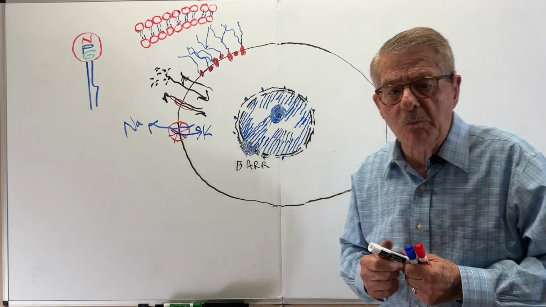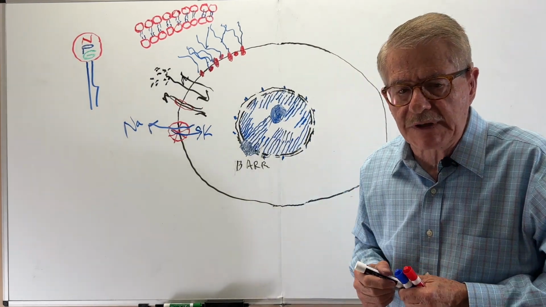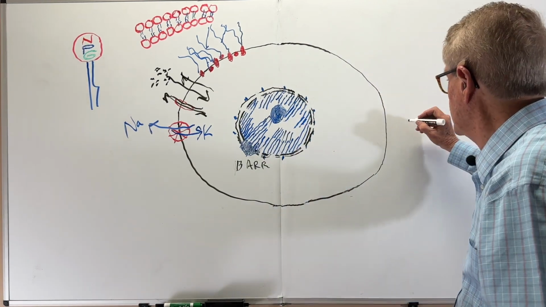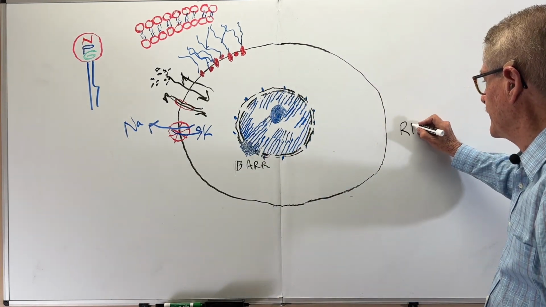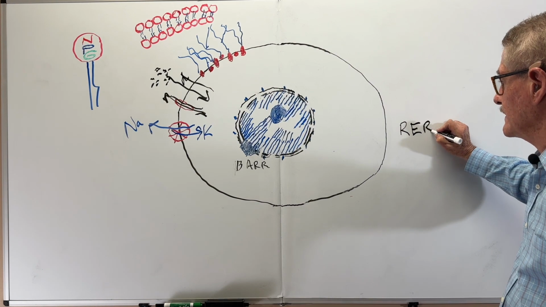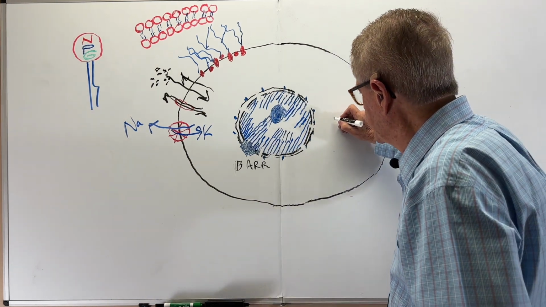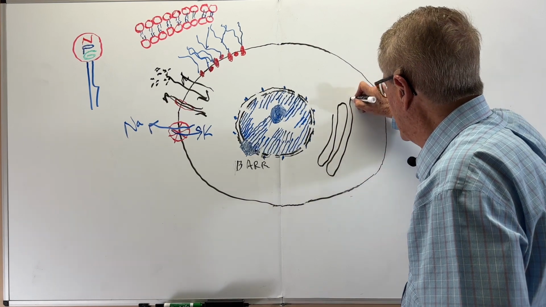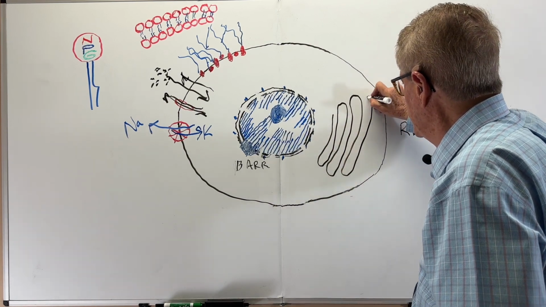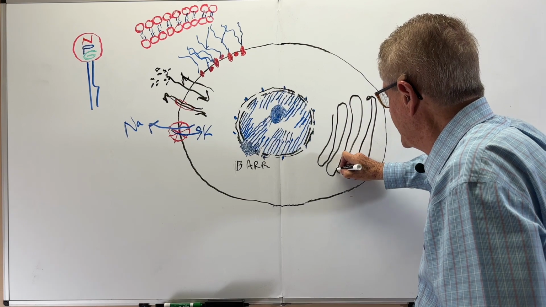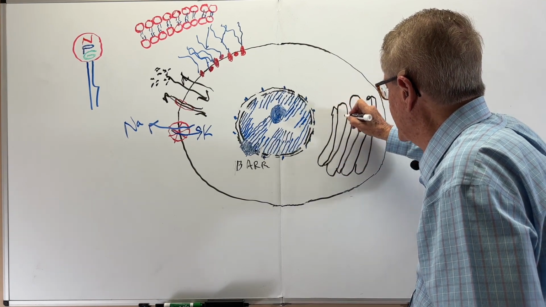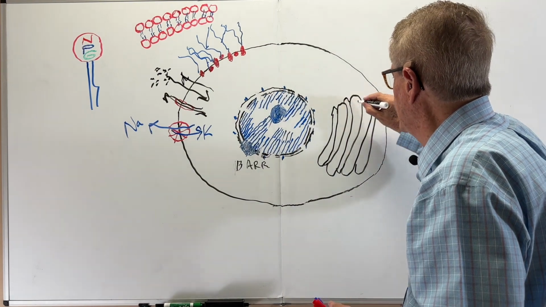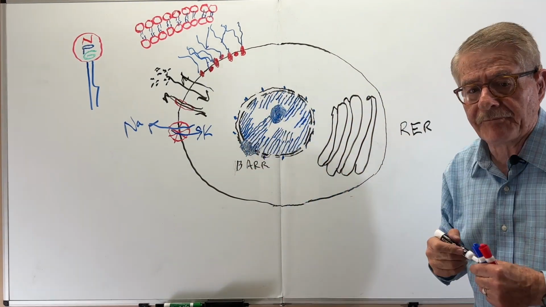Let's start now saying a few words about the rough endoplasmic reticulum. It's difficult to really draw it, but if you make several lines like this, you give the impression that you have a series of flattened tubules and sacs, and vesicular-looking structures flattened together.